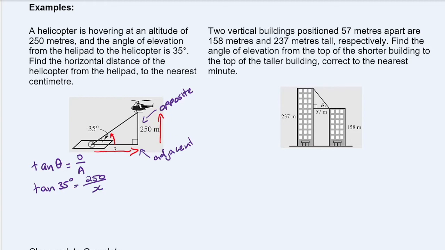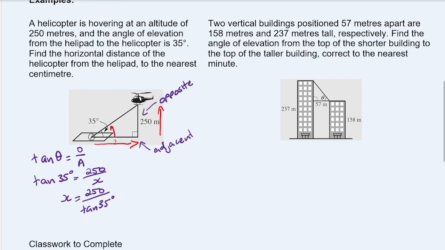What we want to do is use the trick we learnt a couple of videos ago where we switch around the tan 35 and the x. We can step it all out if you'd like to, but we're going to save ourselves a little bit of time. So we're going to get to there, and then we're going to type this into our calculator.